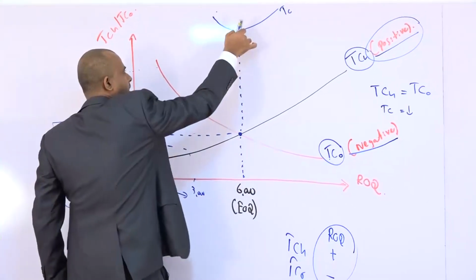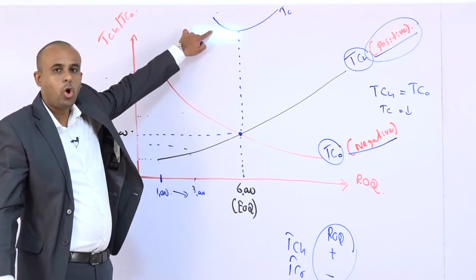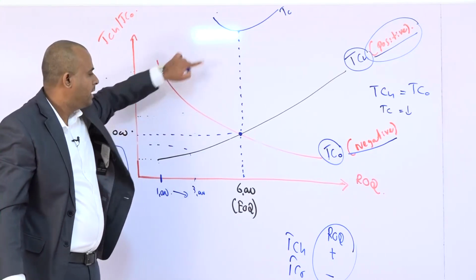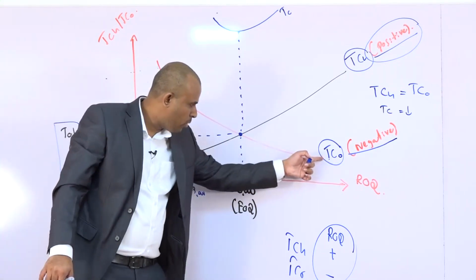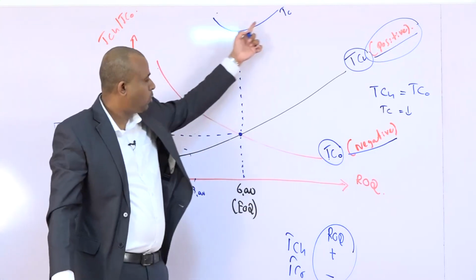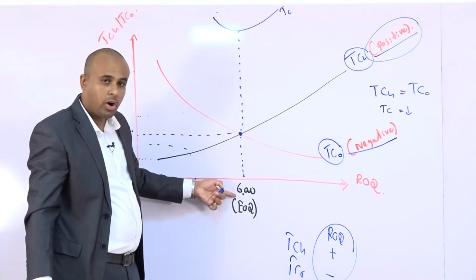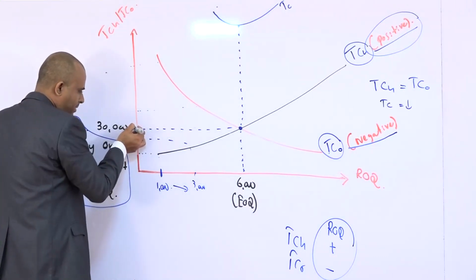Now what is this, Putha? This is the total cost curve, right? So we have represented the total cost of ordering, total cost of holding, total cost curve, economic order quantity, and one more thing.